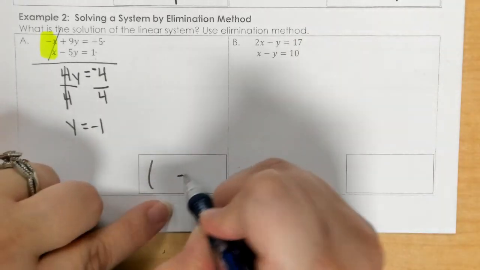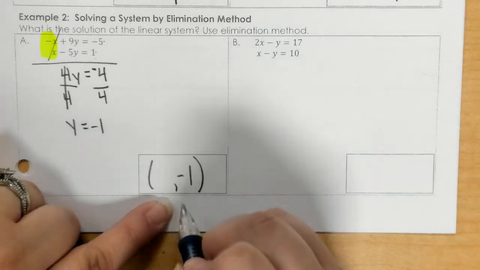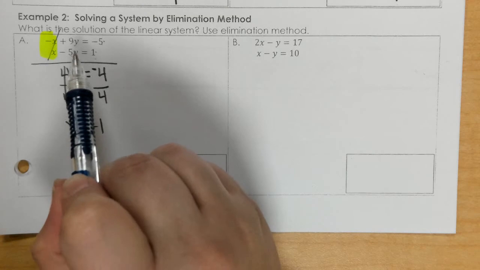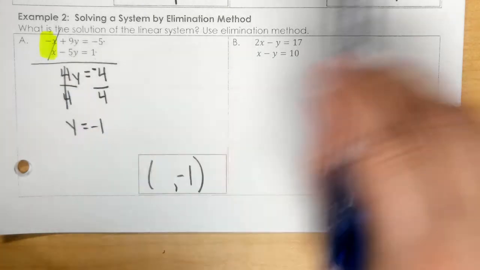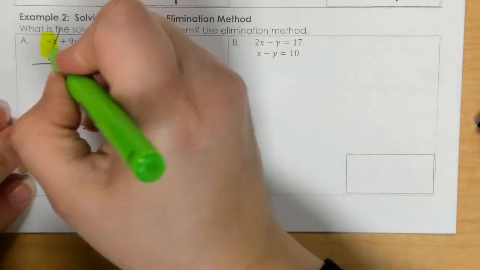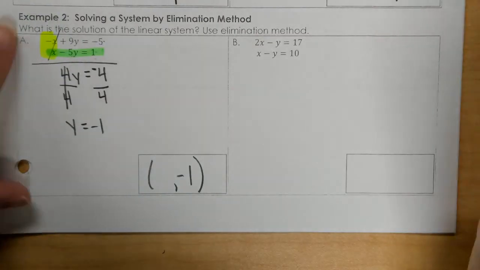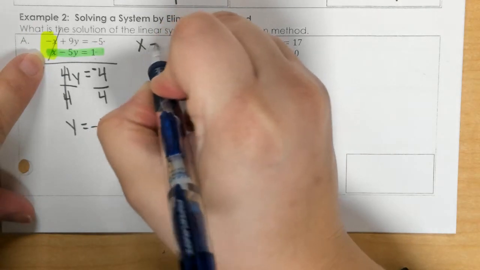So you know that negative 1 is your y value, and you need to find x. So now you decide to plug the negative 1 into one of these y's. And I'm going to pick the second equation because it just has smaller numbers, okay? And there is less negatives in that one as well. So here's my equation.